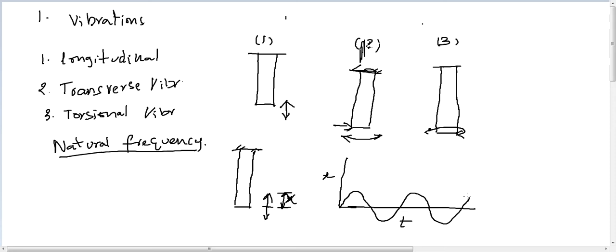Initially at time t equal to 0, we don't have any displacement at this location, but after disturbing it, it has started displacing like this. That means its displacement is increasing and reaching its maximum position. This extreme position, the maximum displacement, we are calling as capital X, which is the amplitude of vibration.